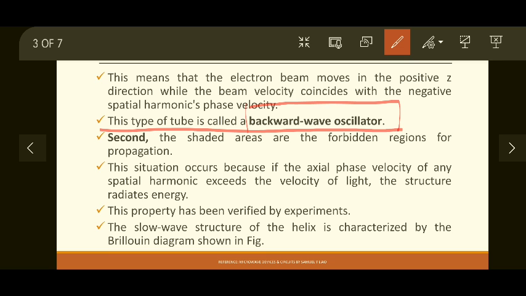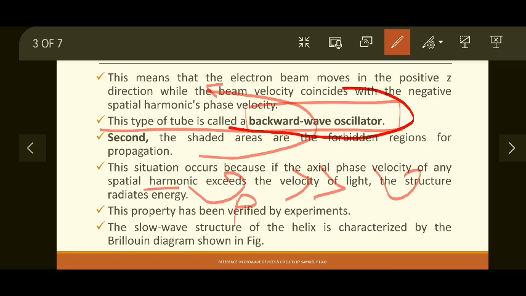So when the negative phase velocity of a microwave signal becomes too much greater than the beam velocity, the beam is not able to carry or current modulate the microwave signal enough, so the signal does not reach the collector. Instead it comes back towards the original location, and because of this a feedback is given, and that is called a backward wave, and thus this type of tube is called a backward wave oscillator.